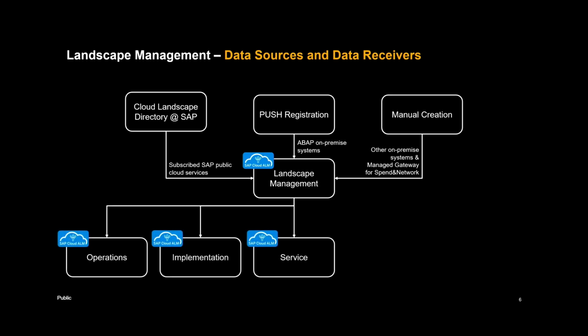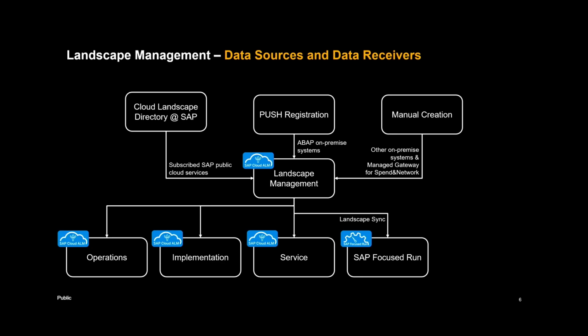What do we do with the data? Well, as I already said, all our use cases use the data that we have in landscape management: operations, implementations, and Cloud ALM for service. They all need our landscape data. We also synchronize this landscape data to SAP Focused Run. So if you're a customer who has SAP Focused Run on-premise and you don't want to create all your cloud services or cloud tenants manually, you can use Cloud ALM as a kind of reverse proxy.